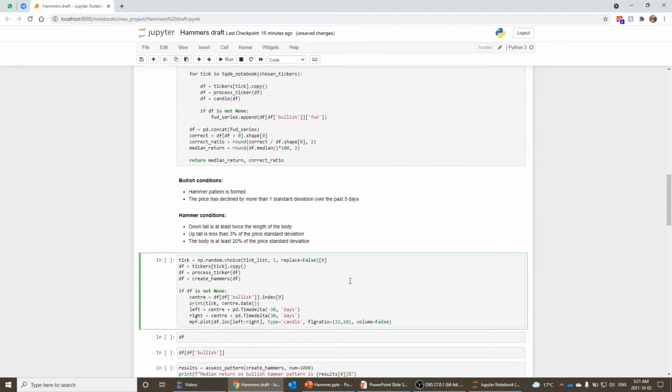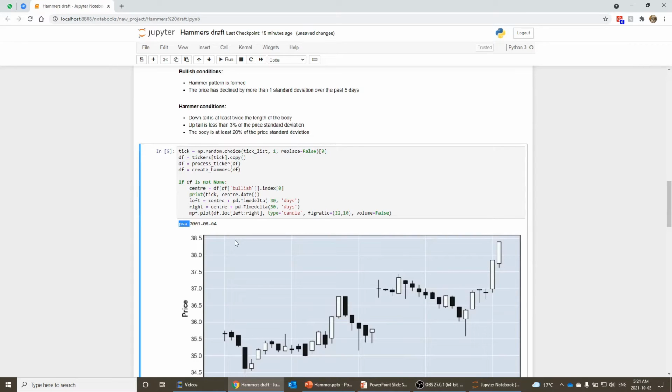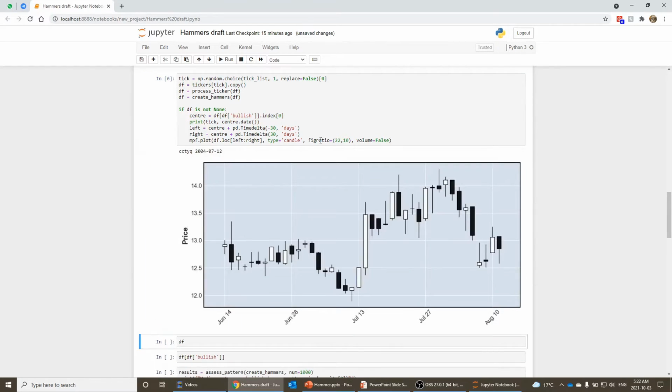So let's test our hammer finder on a random stock. Here we have a company with a ticker PSA. On 4th of August 2003, hammer has been formed. So it's here. And we can do it over and over again.